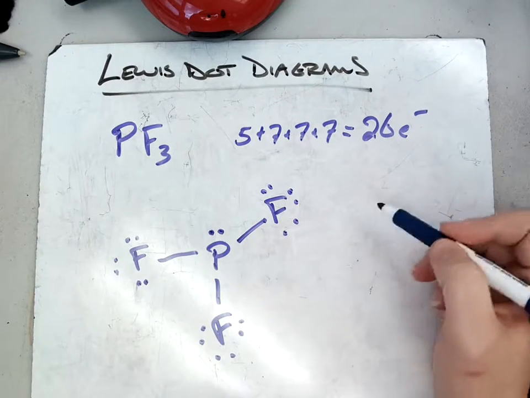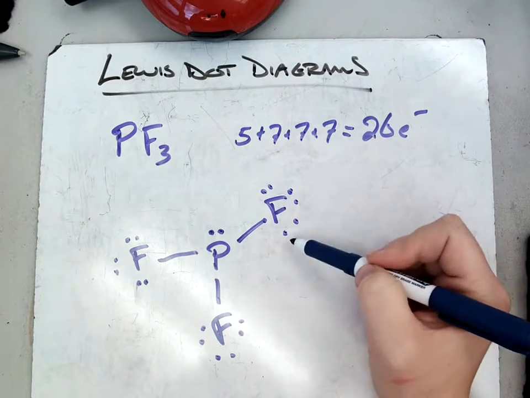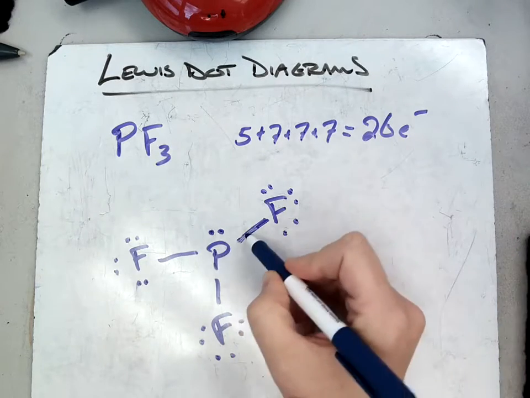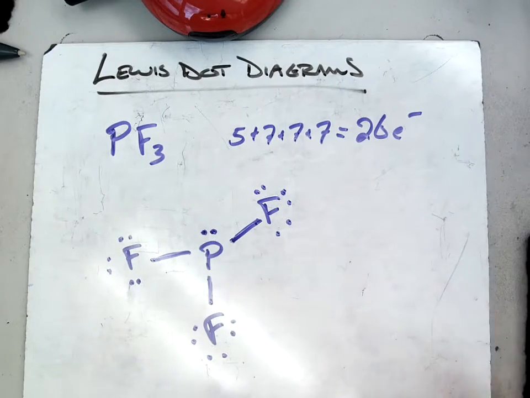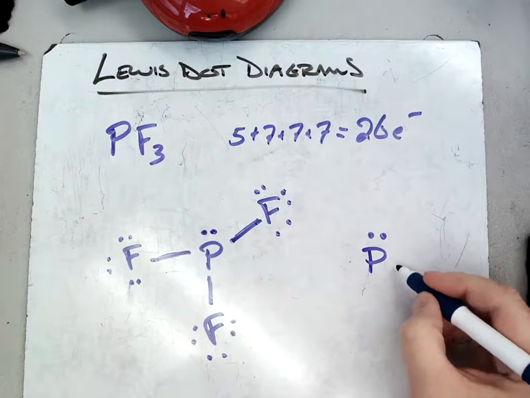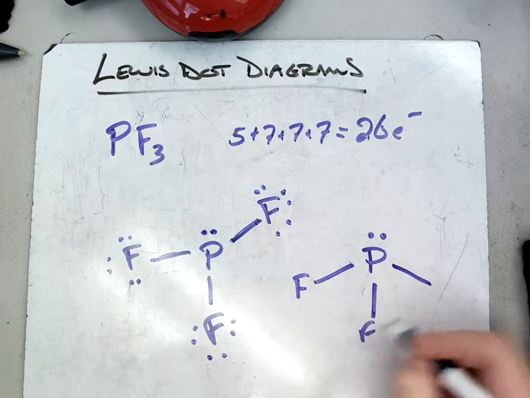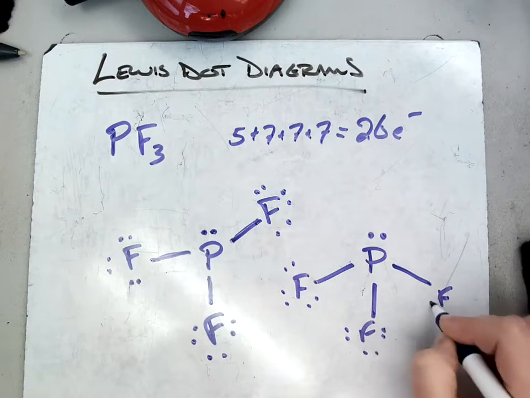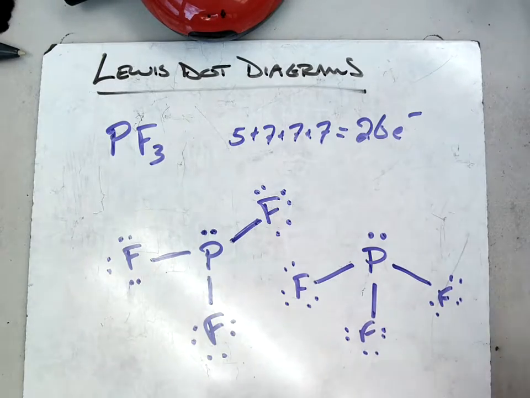Everyone has an octet without needing double bonds. Each fluorine has 6 dots and then the bond, so 2, 4, 6, 8. He's got an octet. And the phosphorus has 2, 4, 6, 8, so he's got an octet. I would probably redraw this, knowing that the dots on the phosphorus push the 3 bonds down into a triangular pyramid.